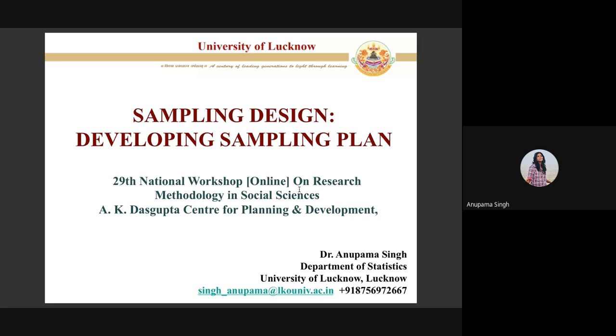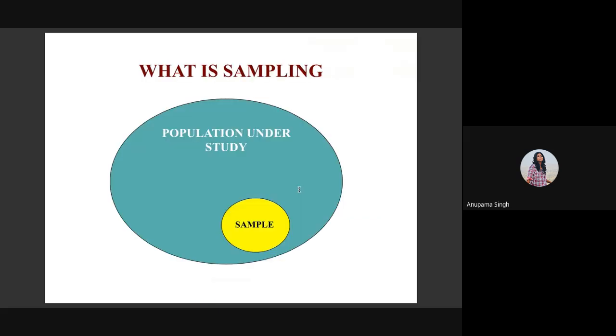So first of all, what is sampling? I know each one of you would be familiar with the term and the concept. But when we talk about a sample, we talk about a smaller unit of something very big, right? In statistical terms, we consider a bigger population, or some set of observations that is very large in number and where complete enumeration cannot be done or need not be done.